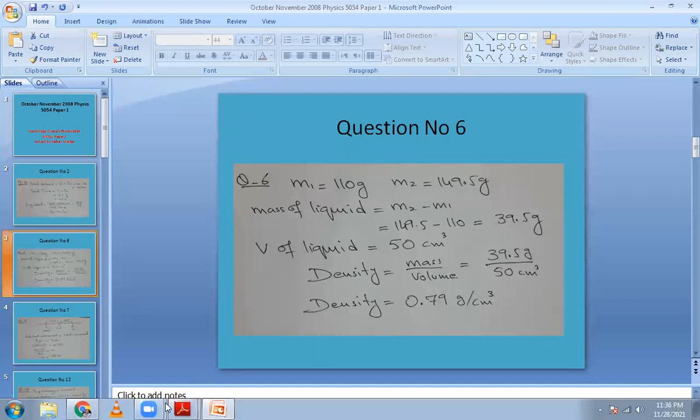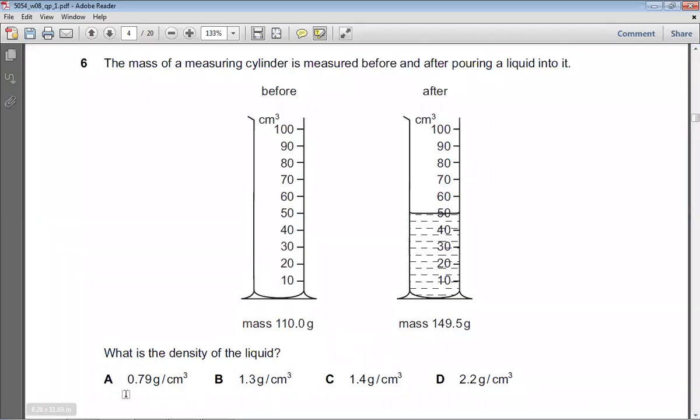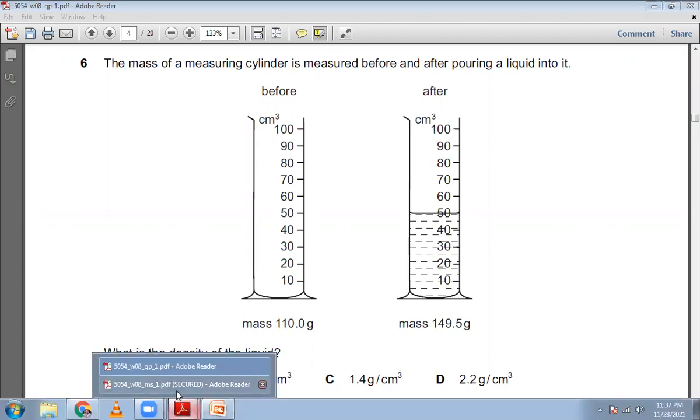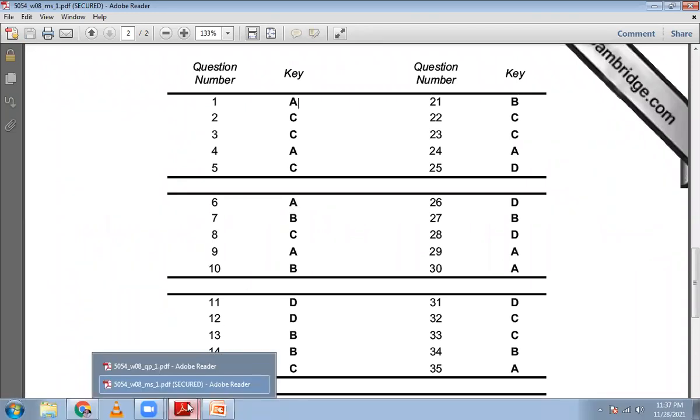So let's check. We think that A is the right choice. Question number 6, A is the right answer, sir.